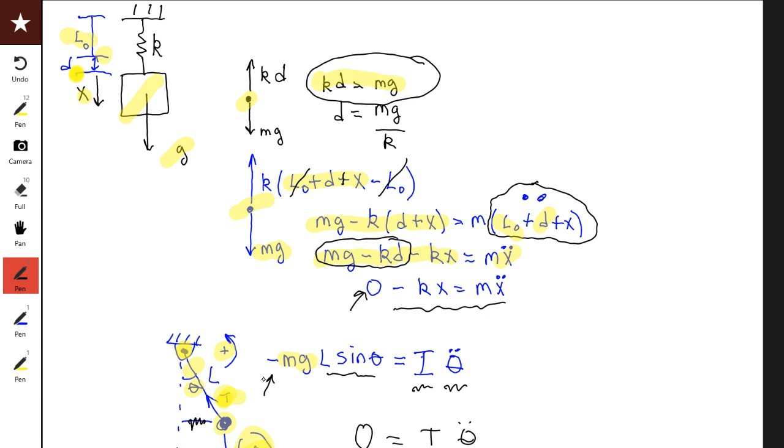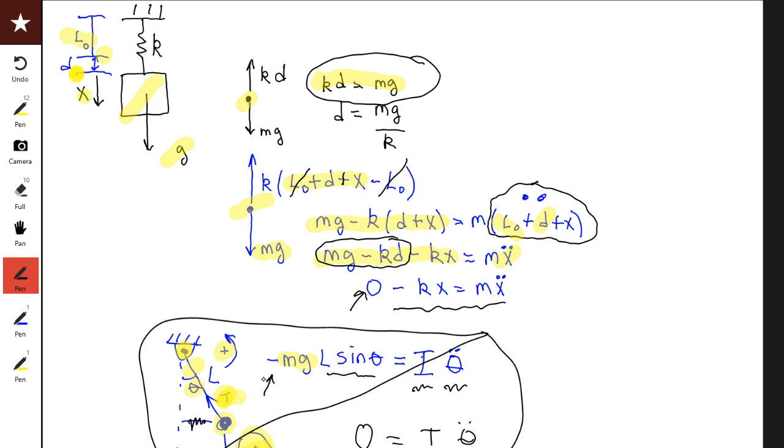Now, the conclusion is if gravity is causing the oscillations, then you have to include the gravity in the free body diagram. If gravity is not causing the oscillations, then you do not have to include it. And so, for example, down here, this problem right here, gravity was causing the oscillation, and you have to include it.